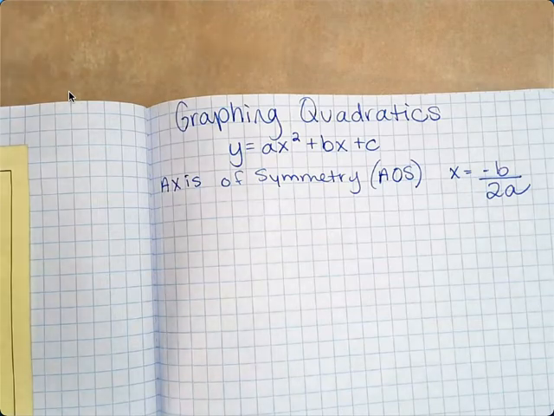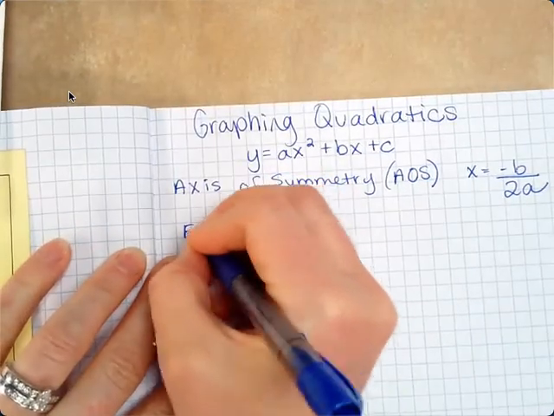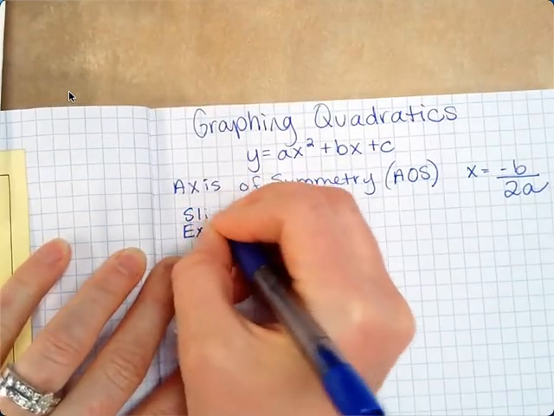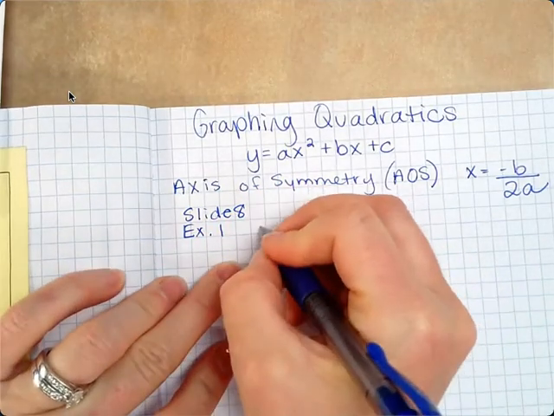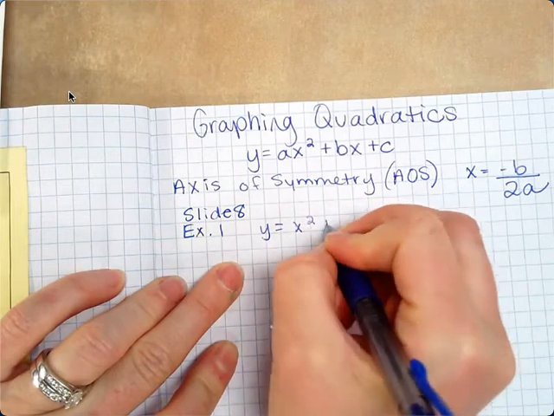So we'll look at that first example. We're on slide 8. The equation is y equals x squared plus 3.